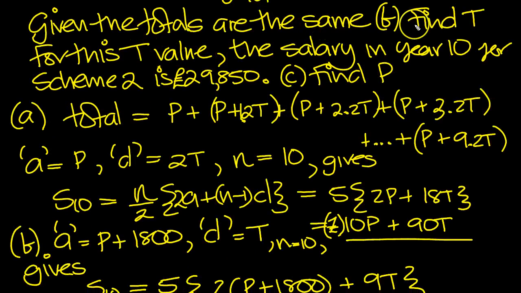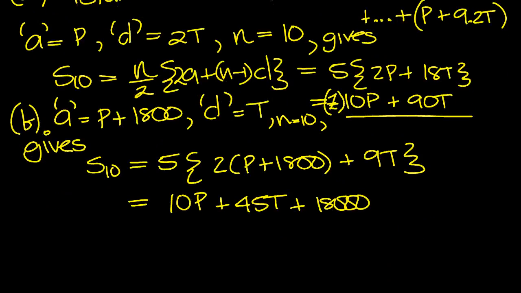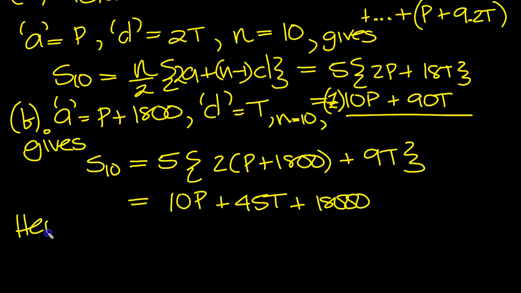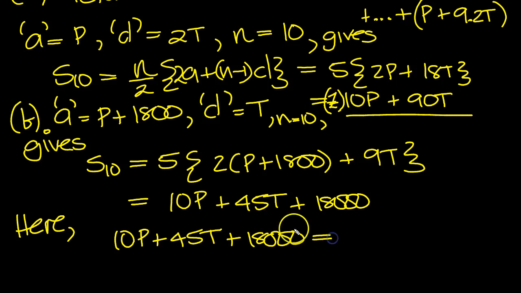Given the totals are the same, find t. So let's write this down then. 10p plus 45t plus the 18,000 must equal the other sum that we had, which was 10p plus 90t. The 10p's cancel.